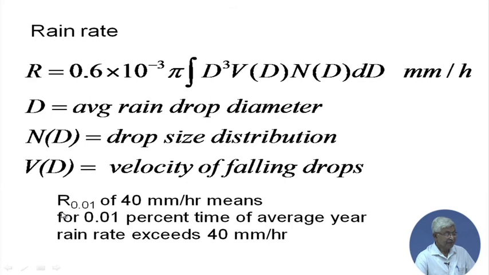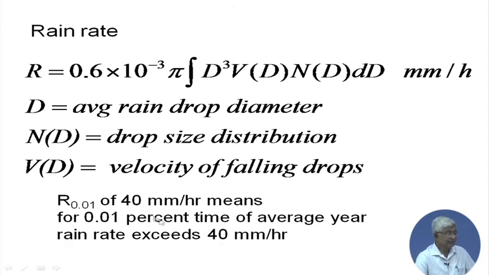I repeat, R 0.01 of 40 millimeter per hour is the cumulative percent of time in an average year when the rain rate has exceeded 40 millimeter per hour. It may be 50, but then for 0.001% of the time, or for less percent of the time, it might have exceeded 50 millimeter per hour.